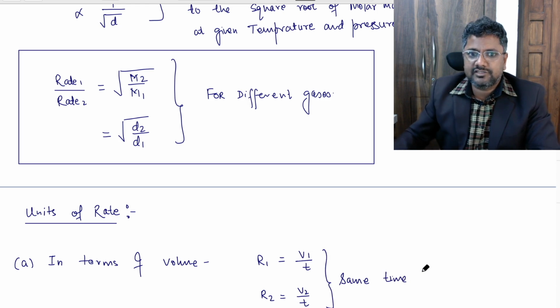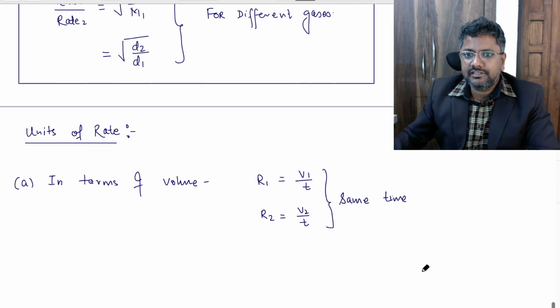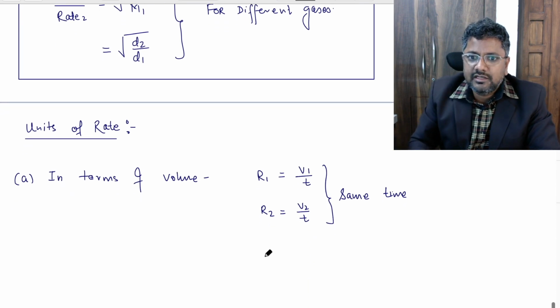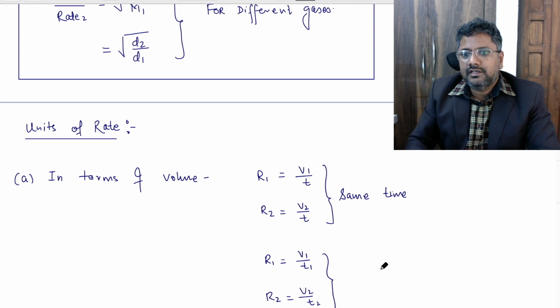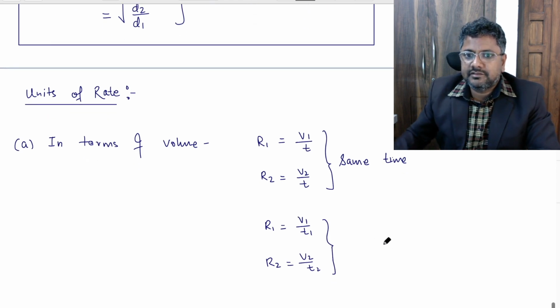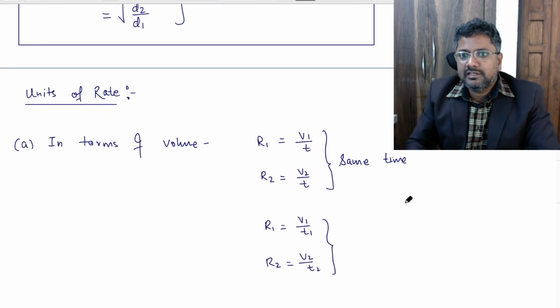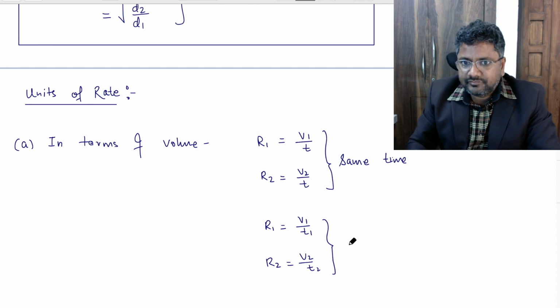If time is also variable, if it is given in the question, then you can take R1 is equal to V1 by T1 and rate of effusion for gas 2 is equal to V2 by T2. So this is in terms of volume for different time.